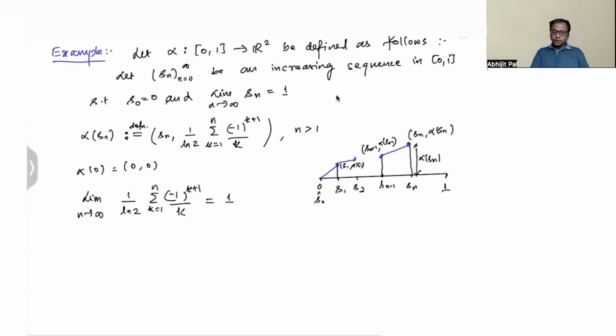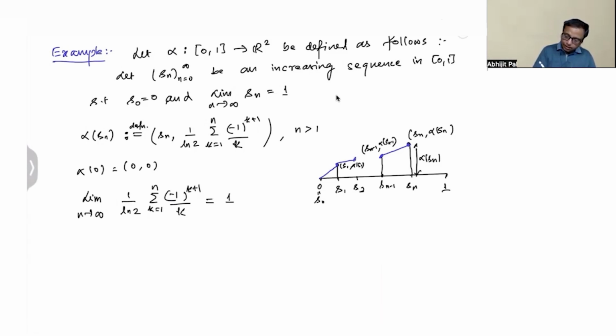So this sequence is convergent, and it converges to 1. Therefore, we can define this curve alpha.